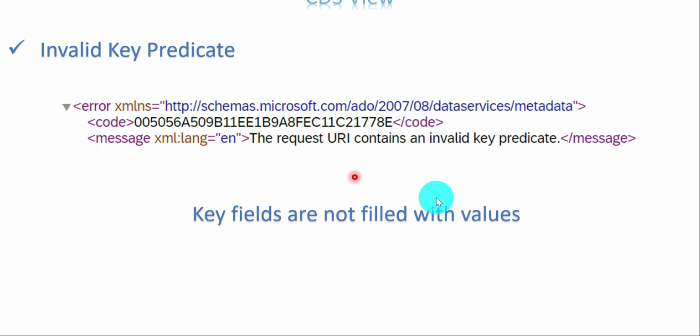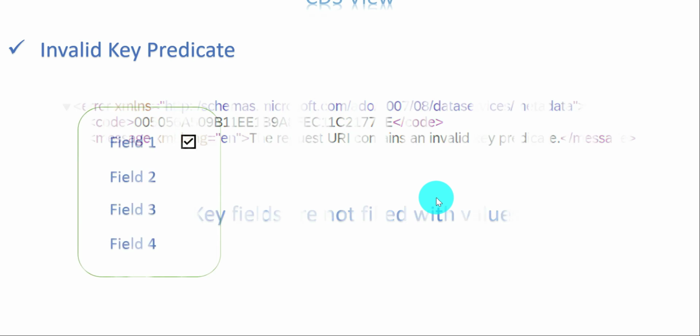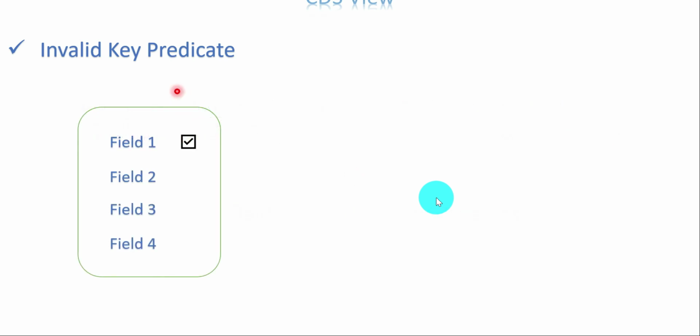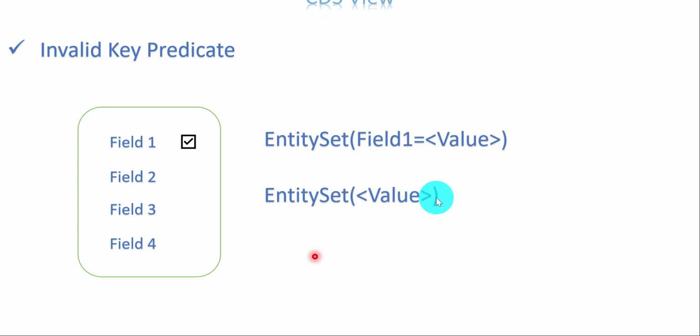The reason behind it is that all the key fields are not filled with values, meaning while calling the entity method, you're not passing values for all the key fields. In a simple example, suppose in a design you have one key field, then the URI looks like this.